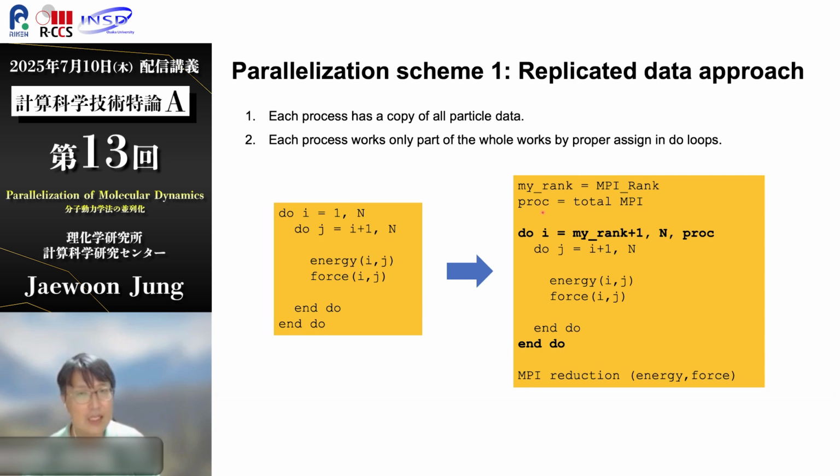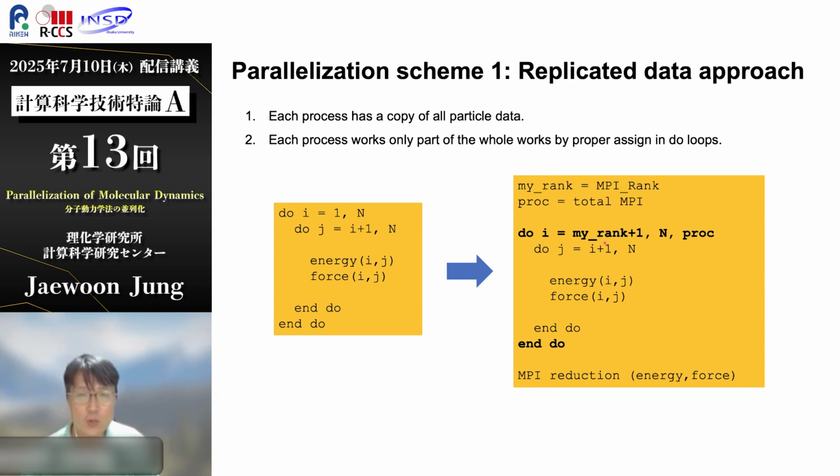And let's consider myrank equals 0. Then this one becomes 0, and they start i from 1. And they calculate all of j. First, they calculate all j with i equals 1. And next, they jump by nproc, here 16.